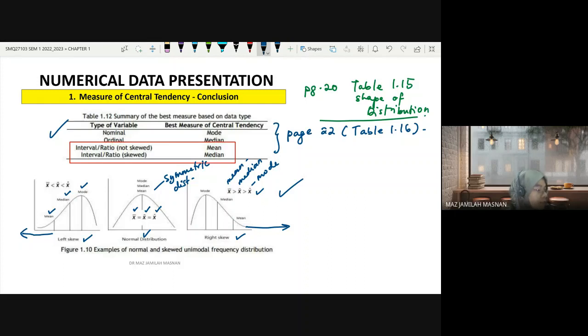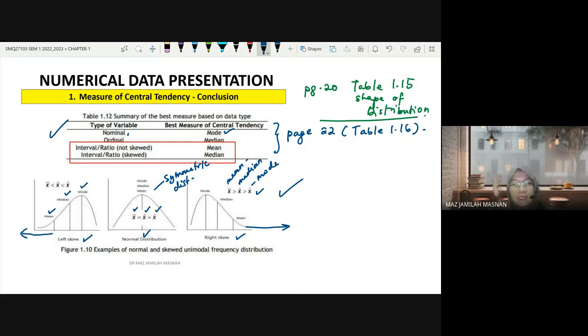So the types of data: qualitative, quantitative, nominal, and ordinal. If your data is nominal, most of the time we will use the mode to describe the central tendency, but it depends on the data.